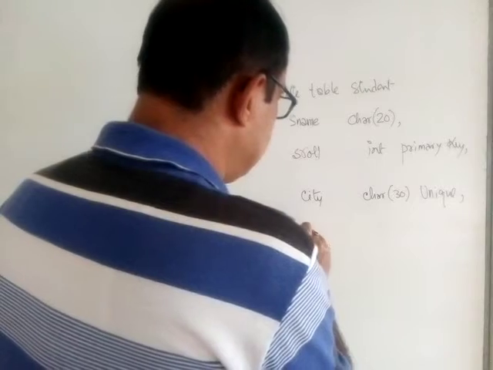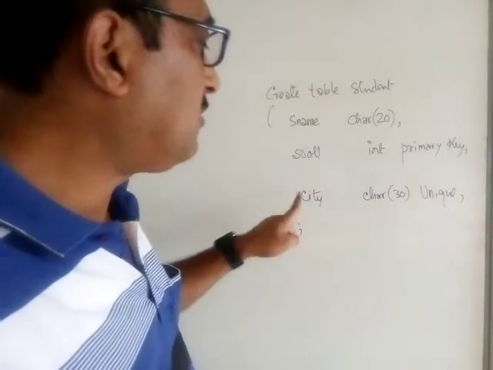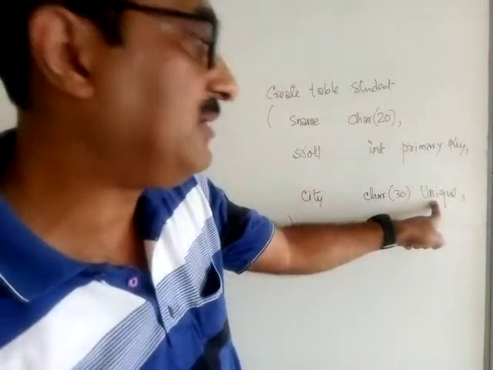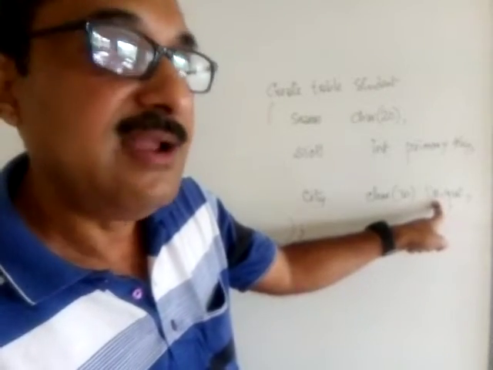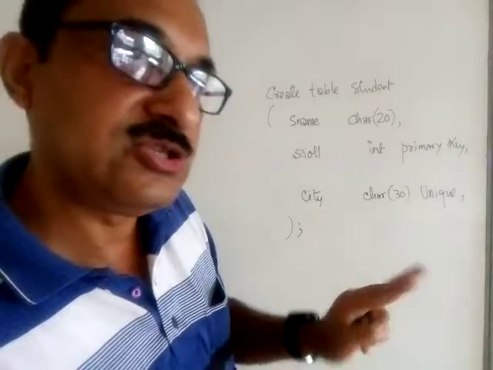Say here I have ended my command. Now, it is not that only a particular field can have this constraint. One particular field can always have a unique constraint. But if you want a combination of values to be unique, that is also possible.